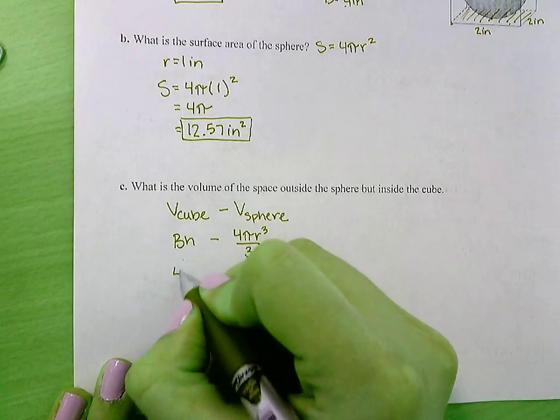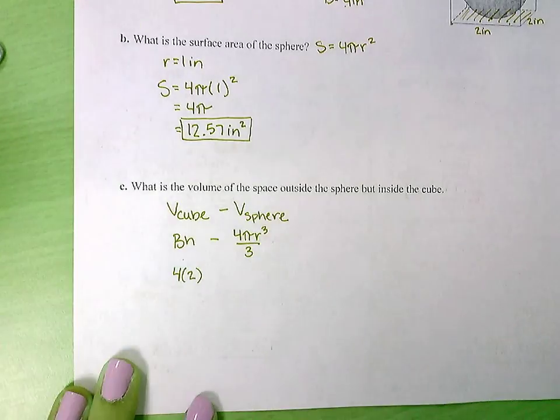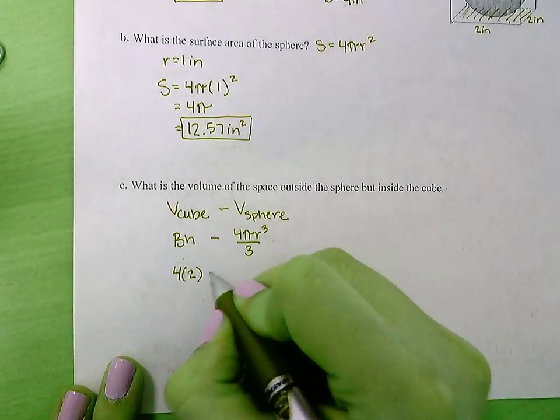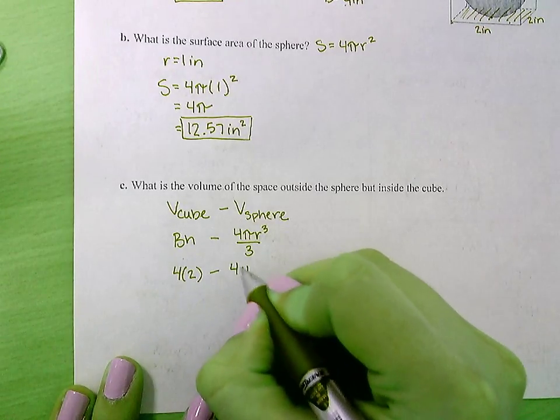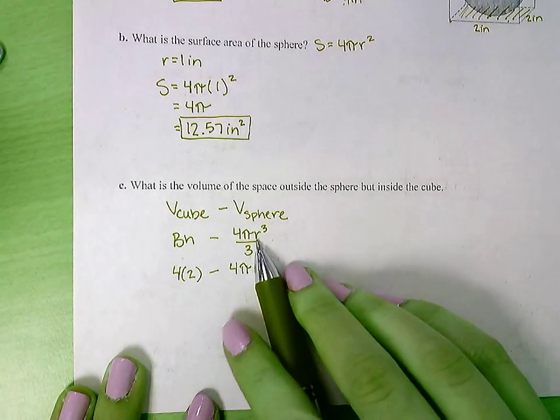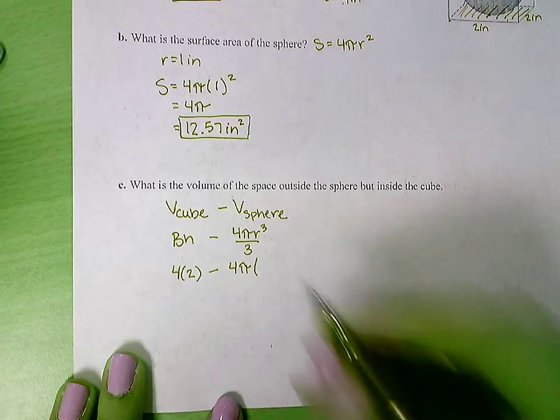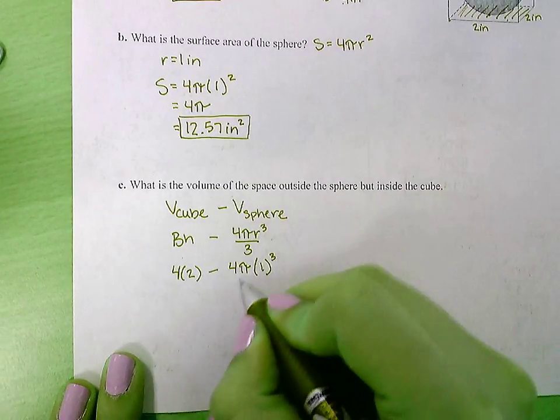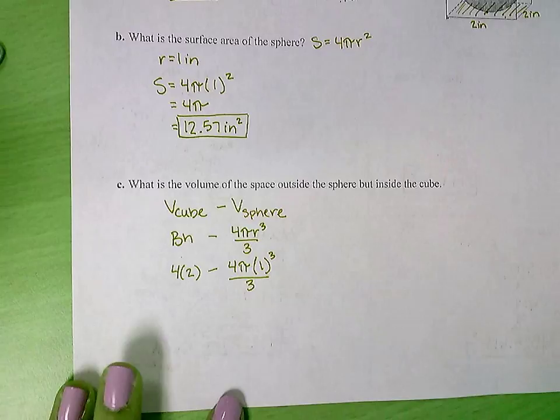So we have 4 times 2, which is 8, subtract 4 pi times our radius, again 1, cubed, divided by 3.